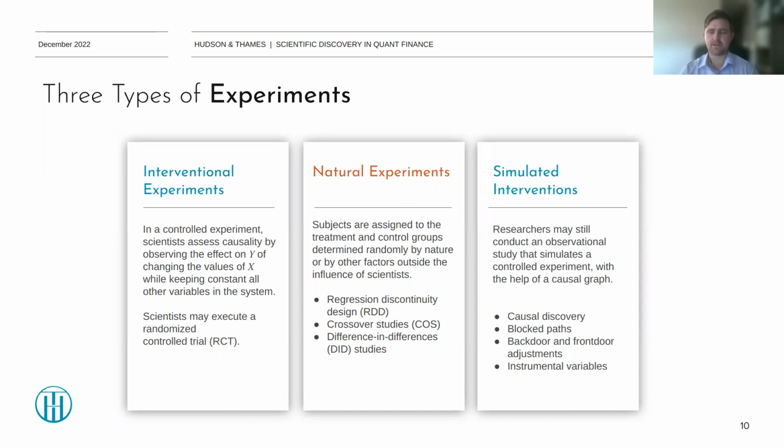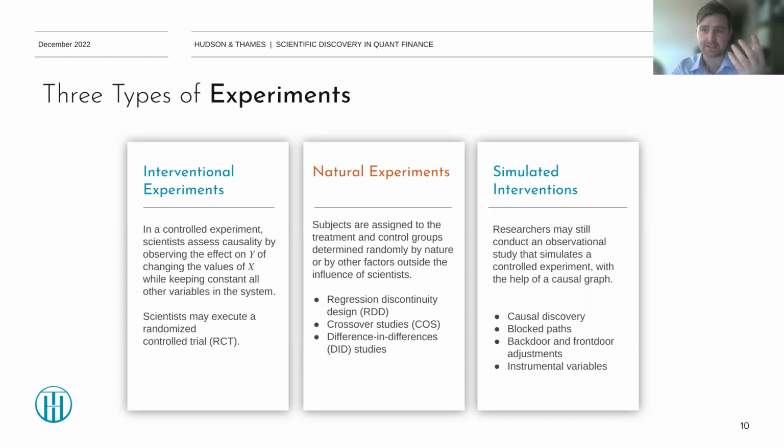So in simulated interventions, you would always have these causal graphs and see how they relate with one another. Then when you have these causal graphs, you can do a couple of simulated interventions, for example blocking paths. Say X and Y are associated with each other, but there's a confounding variable Z. You can block a path, say Z to X, and observe if Y changes.